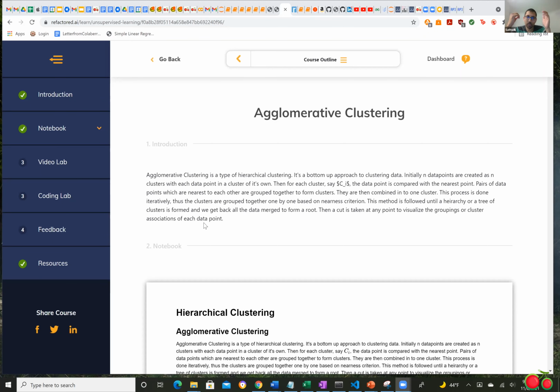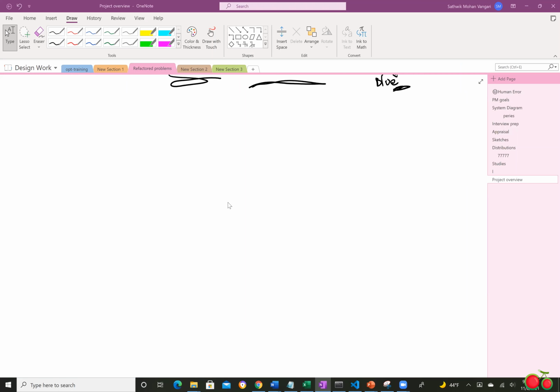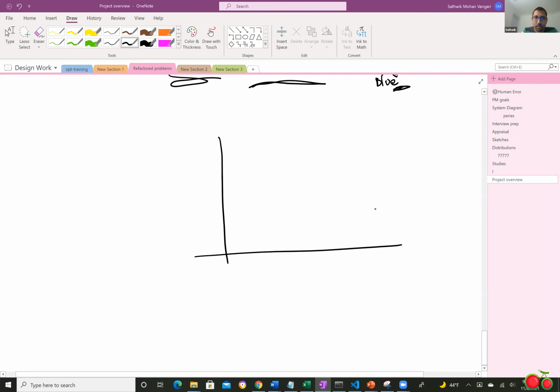If I have to explain that in terms of k-means, you have these points, and let's say there is another set of points over here. That's a brown group and this is a green group, right?